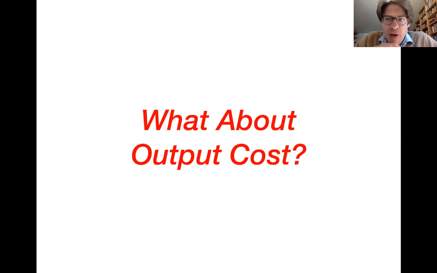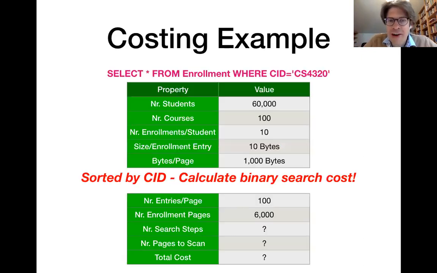Perhaps the main reason in practice why we don't consider the output cost when using cost to compare different alternatives is that since all alternatives answer the same query, all of them must produce the same output. That is why the cost for processing the output is essentially a constant. And so that is why when calculating cost, we typically neglect any cost that is associated with the output that an operation is producing. All right, very good.